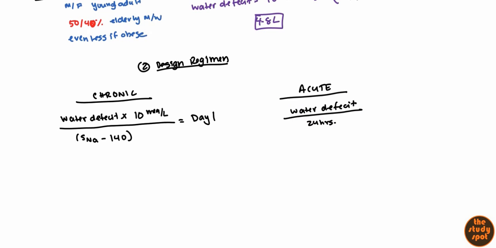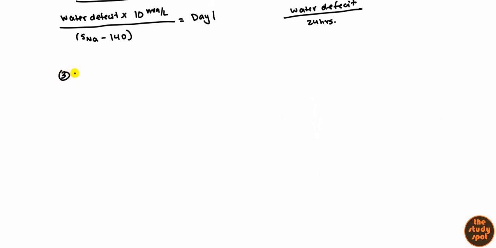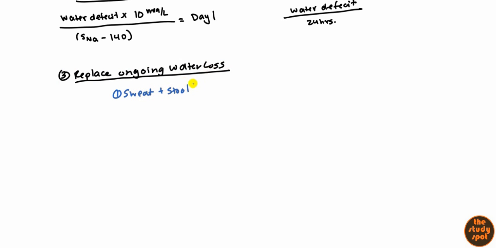Now on top of that, many patients, especially if they have diabetes insipidus or other conditions, are actually losing water as you're replacing it. So you do need to add any ongoing water loss. One of the places where you lose water is sweat and stool, so you calculate about 30 to 40 milliliters per hour for that.